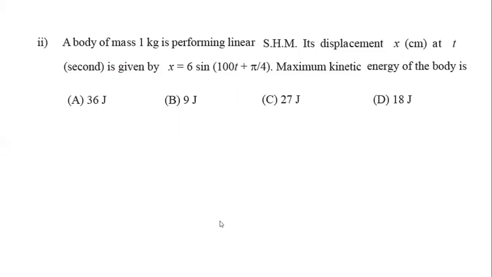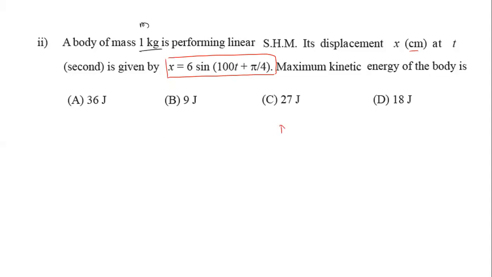A body of mass 1 kg, so mass is given, performing linear SHM, its displacement x in centimeter at time t is given by x is equal to 6 sin(100t plus pi by 4). Maximum kinetic energy of the body is?